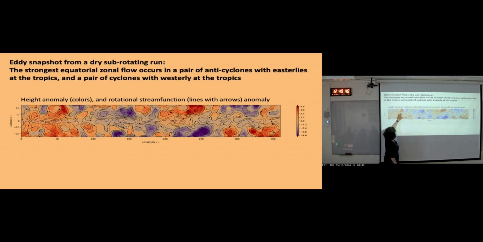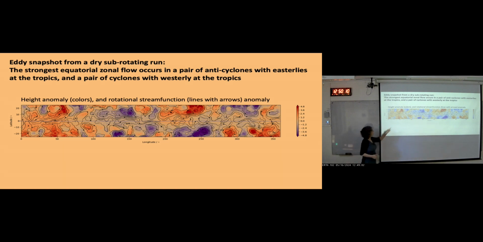But you see an eddy with very strong equatorial easterlies. And you see another eddy with equatorial westerlies. In fact, we chose this longitude because this is the strongest equatorial westerly in this plot.